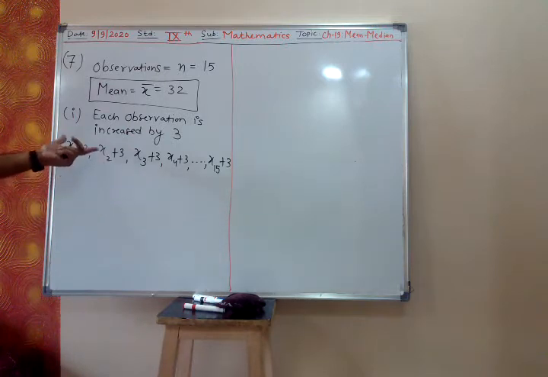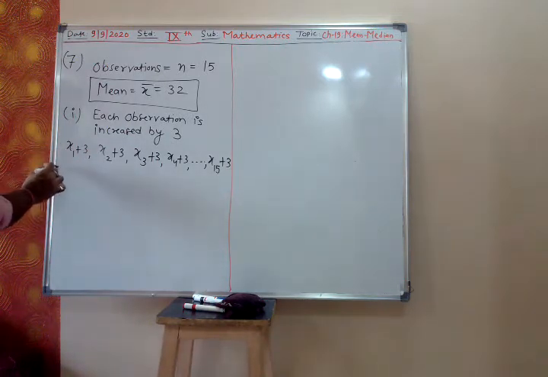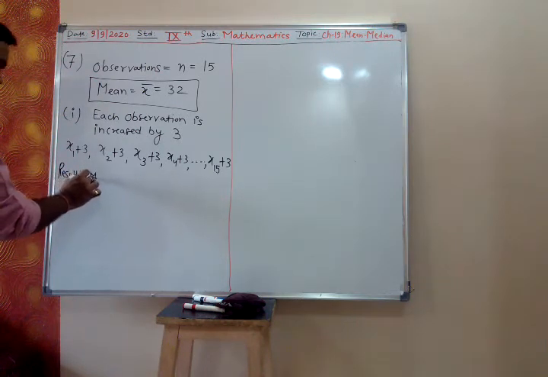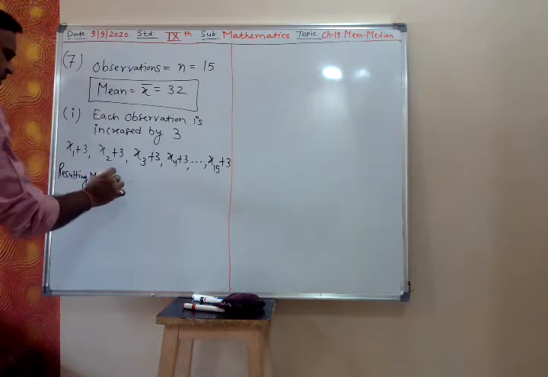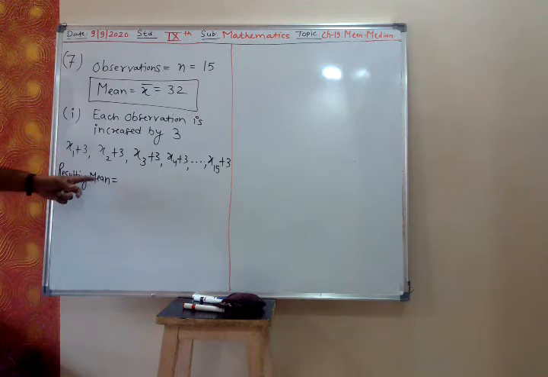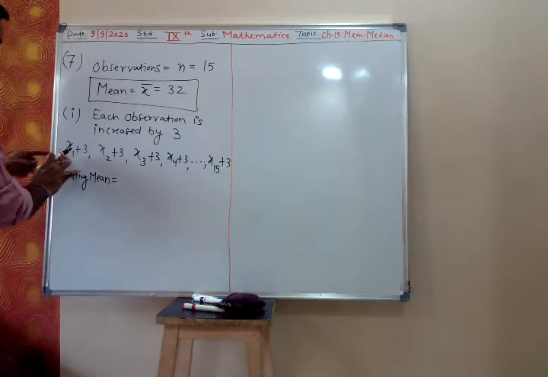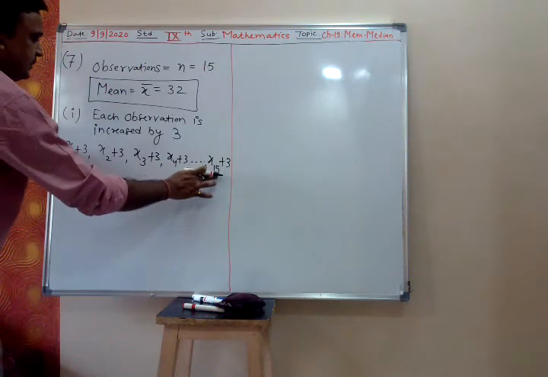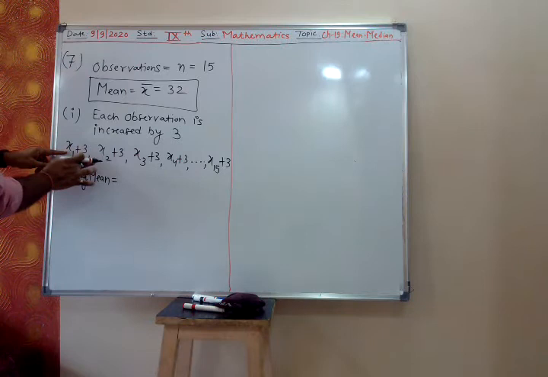So now we want to find the mean. I will find the resulting mean. Somebody asks how you have got that. So the resulting mean will be: now you add all the values, x1 plus x2 plus x3 plus x4 up to x15, divided by 15.